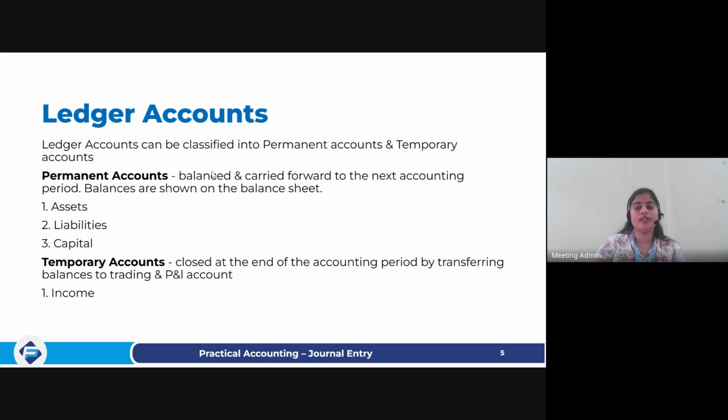Temporary accounts are closed at the end of the accounting period by transferring the balance to the trading and profit and loss account. You transfer the balance amount to the trading and profit and loss account. Temporary accounts are income and expenses.